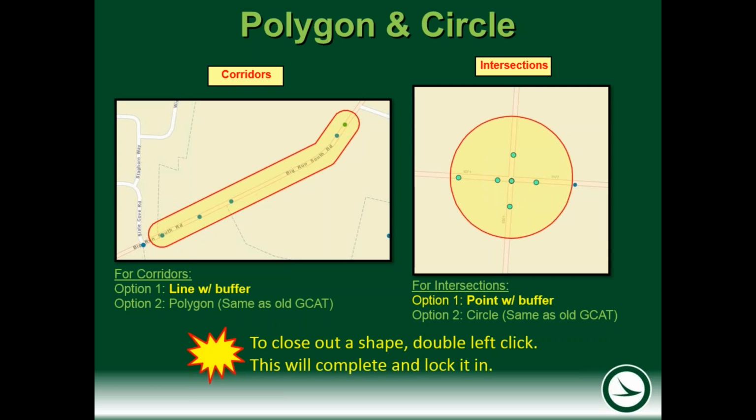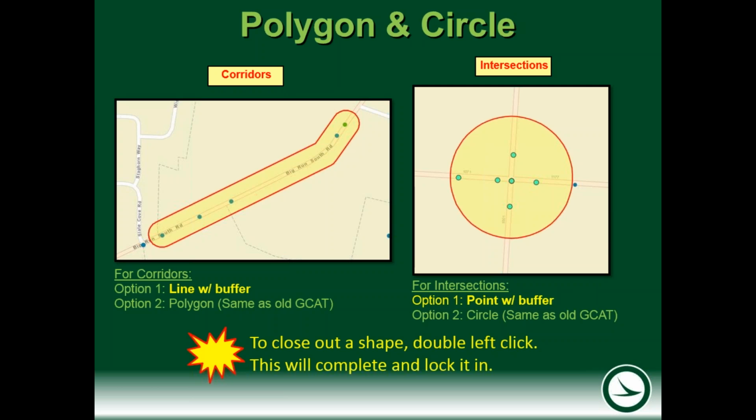What I have labeled out here at the bottom of the page is that, and you'll get the hang of this when you start to use it, but to close out a shape, it has changed over to a double left click. Before, you would left click to start to draw your shape, and each time you left clicked, it would drop a point, and then when you were done with your shape, you'd right click and it'd close it out.